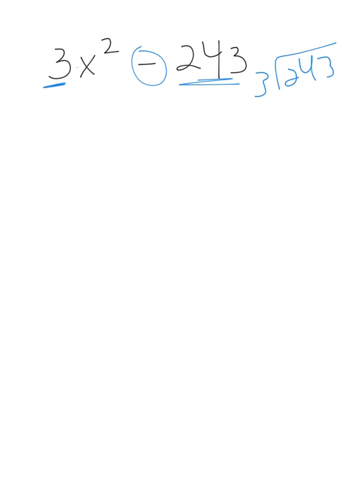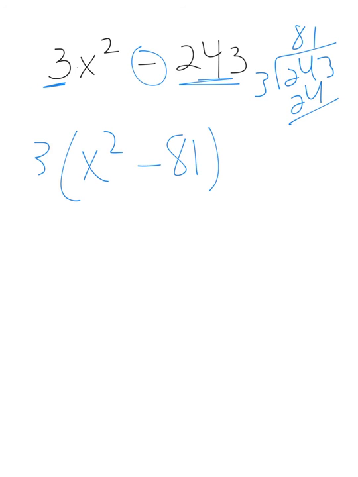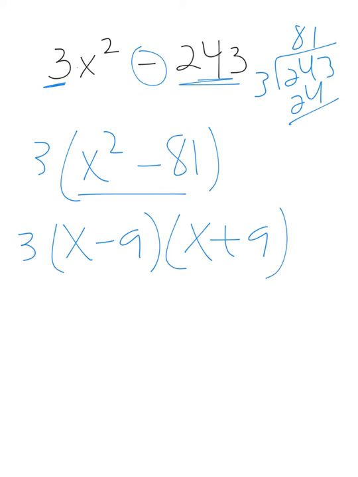Do I have a GCF here? 3 into 24 is 8. 8 times 3 is 24. 3 into 3 is 1. If I take that 3 out, I end up with x squared minus 81. I do now. I have the difference between two perfect squares. X minus 9, x plus 9. That's another good problem. Be careful with these. You can always find your GCF.